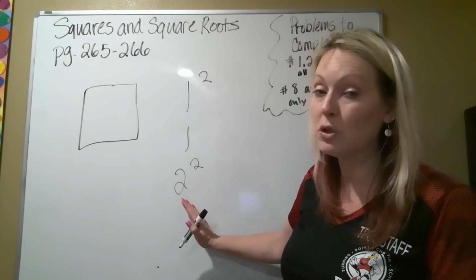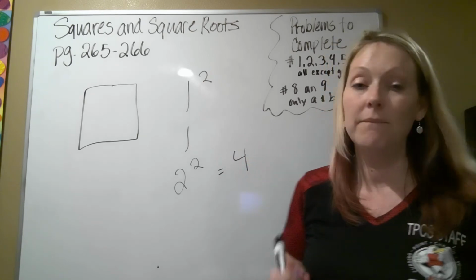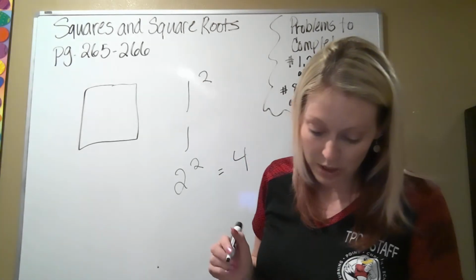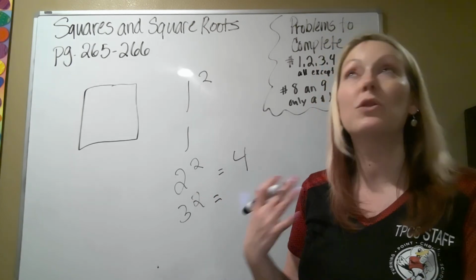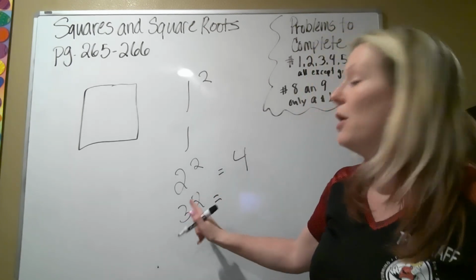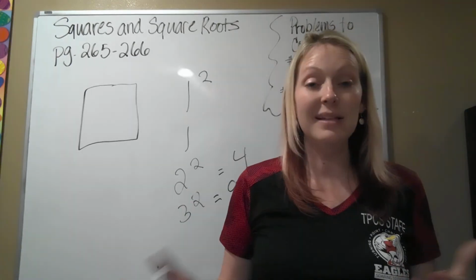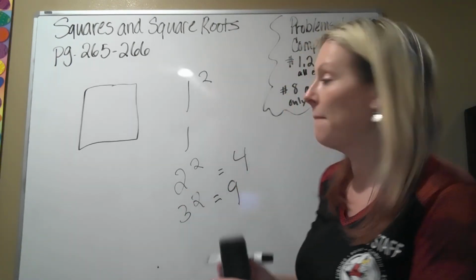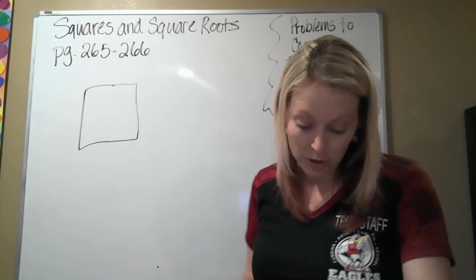And this base number is 2. So 2 times 2 is 4, right? 4 is your answer. What about 3 squared? Then it would be 3 times 3 is 9. You got it? See how this is working? Okay. Go ahead and you're going to complete number 2 on your own.